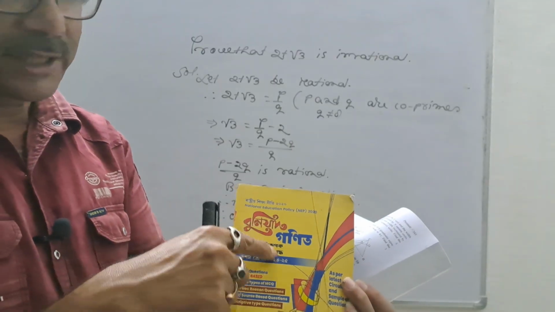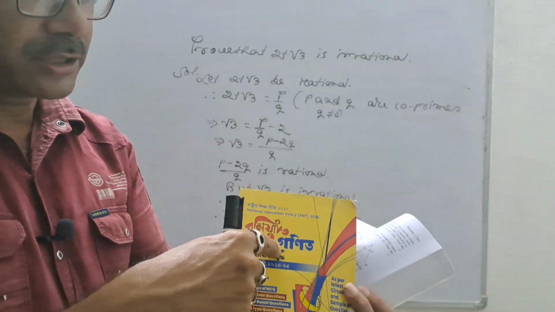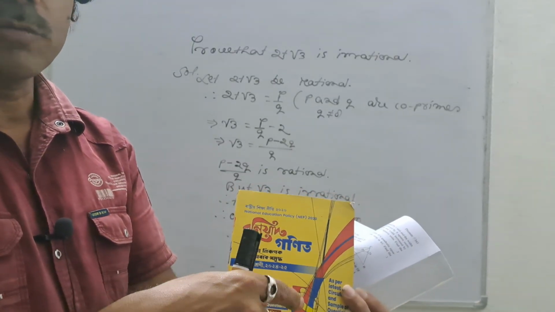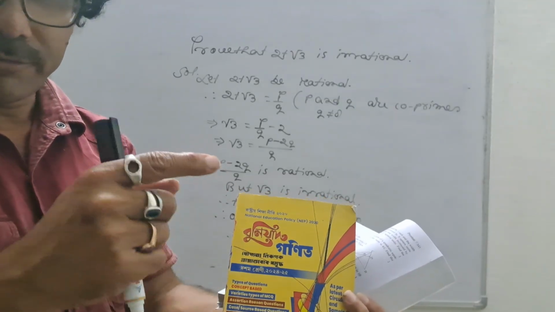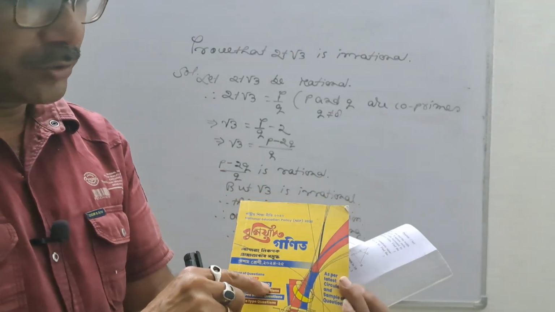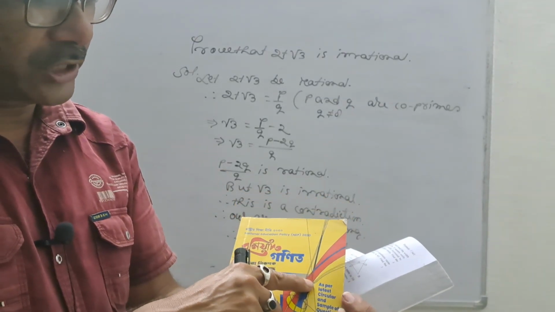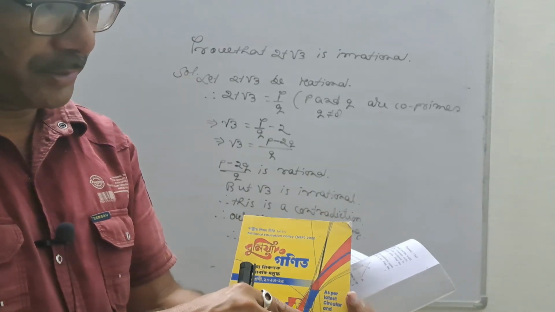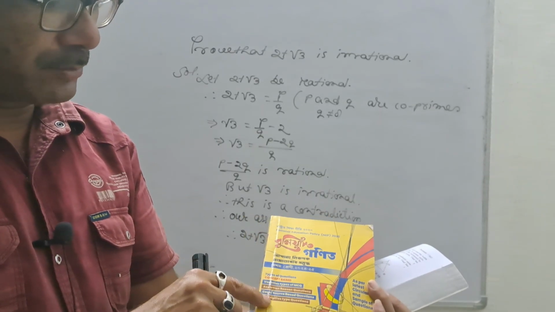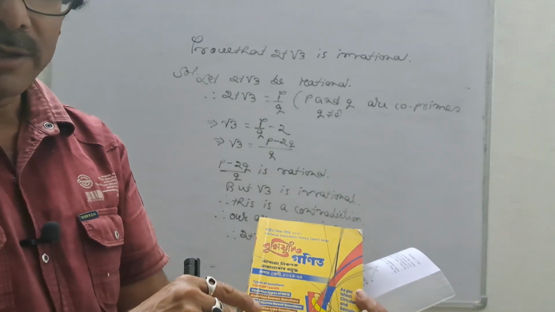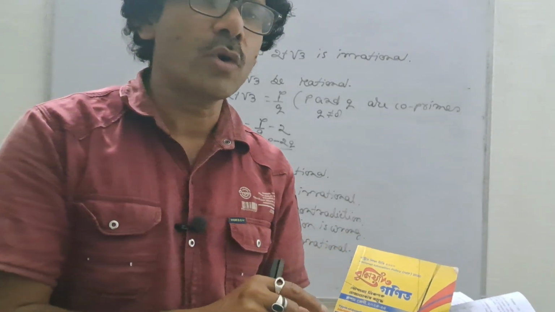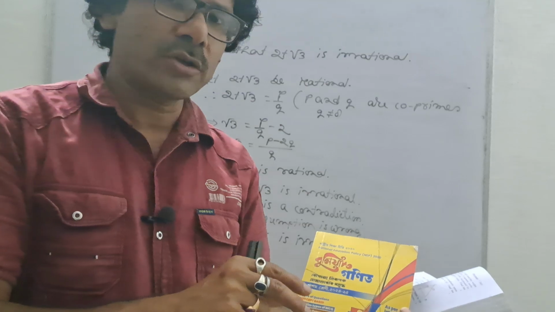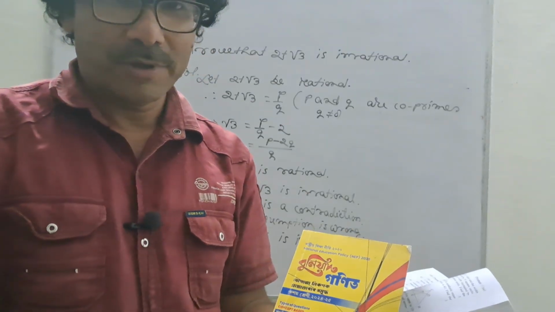This is in Assamese medium, and its English version is going to be launched in the market very soon. This will contain questions as per the latest circular and sample question papers. Various types of questions are available here, so I will also show the solutions of problems from this book.